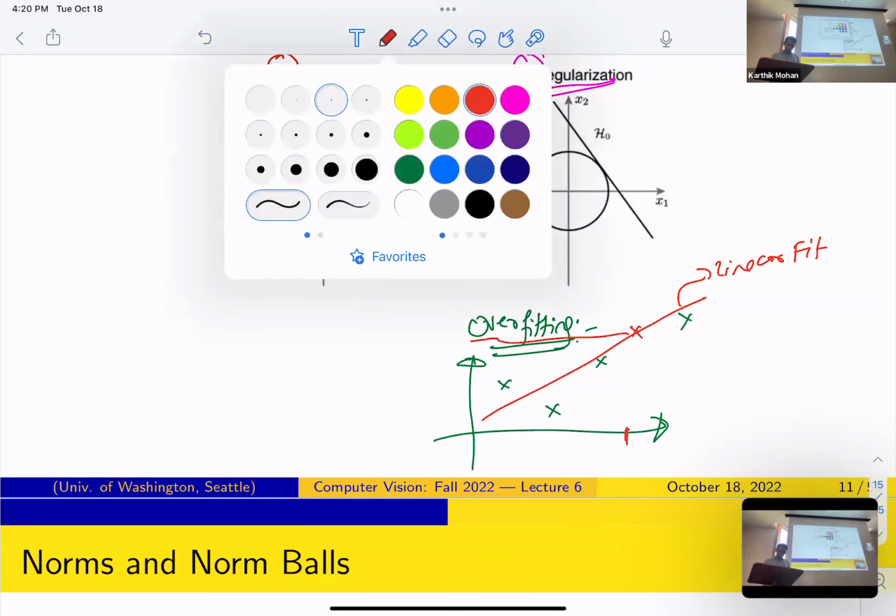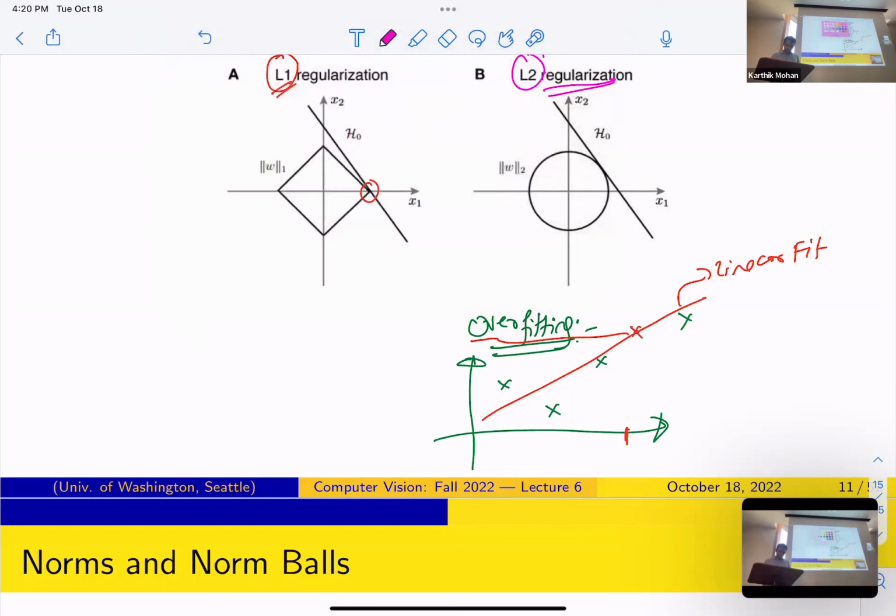But overfitting looks something like this. You say, oh, you know what? I feel like it's like this curve. You just have 4 data points. How did you figure out it's this curve? Isn't that too much? So that's why it's overfitting. It's too much that you think is going on.